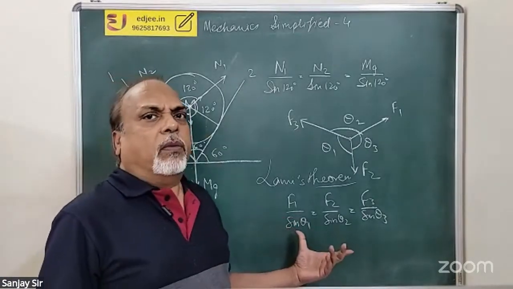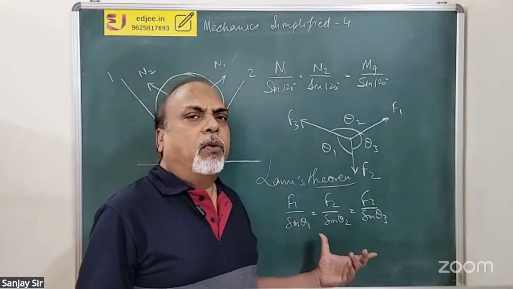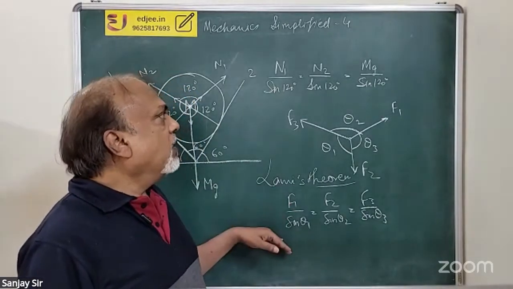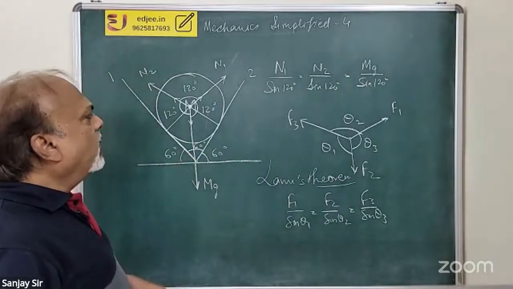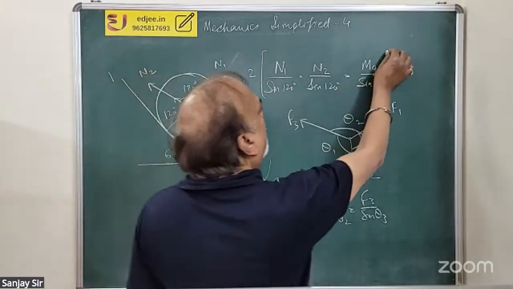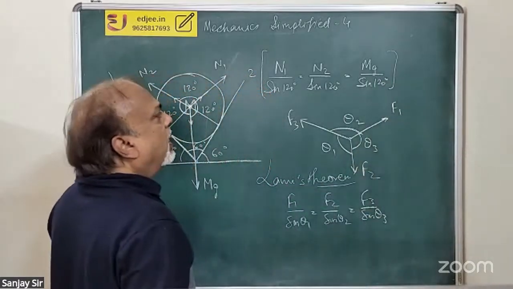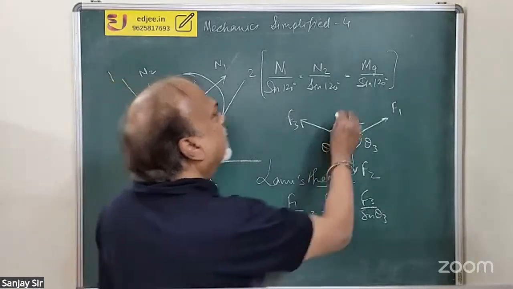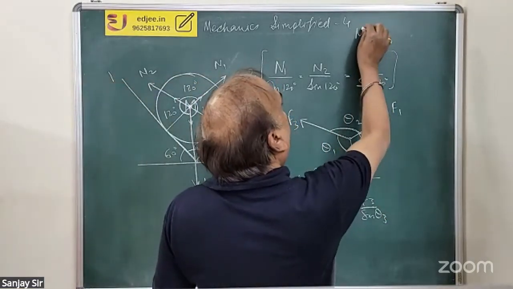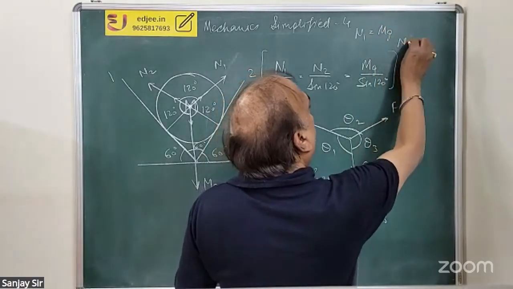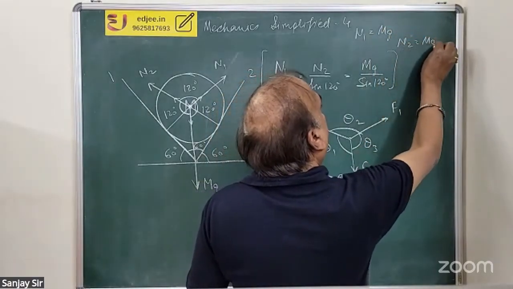You can make use of this. This is very handy. This is very good equation. Just remember this. Or if you don't remember, here in this case, what will be the result? N1 will be nothing but Mg and N2 will be nothing but Mg.